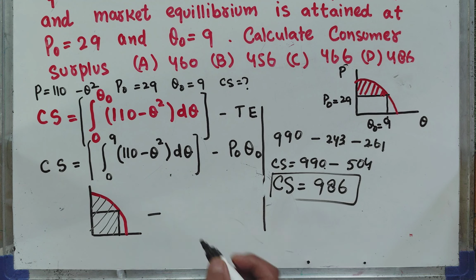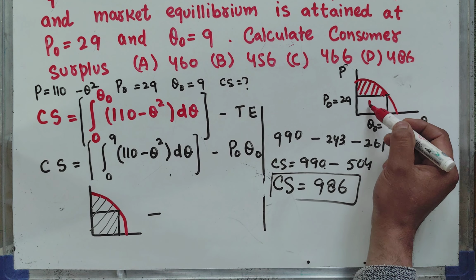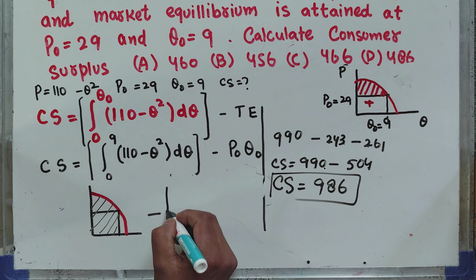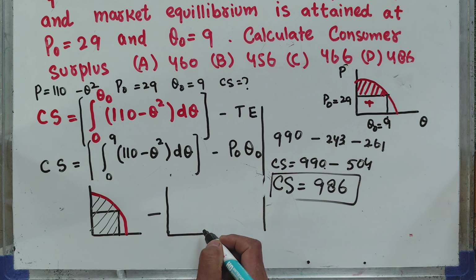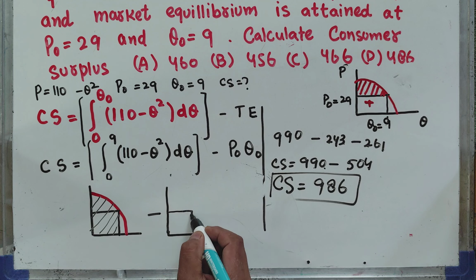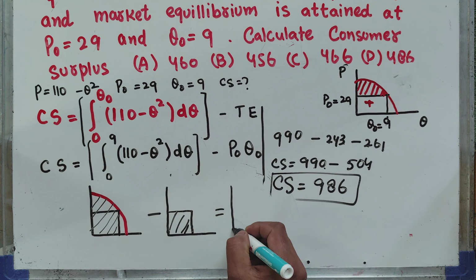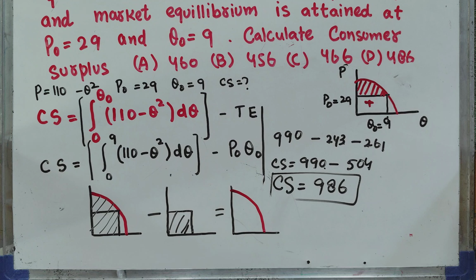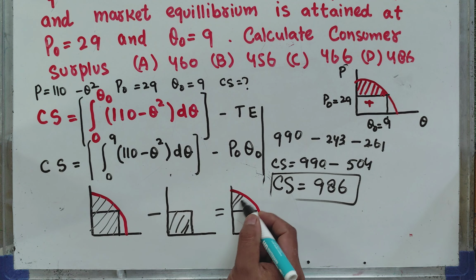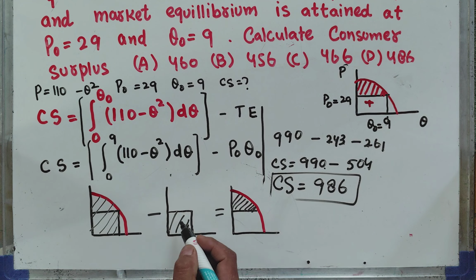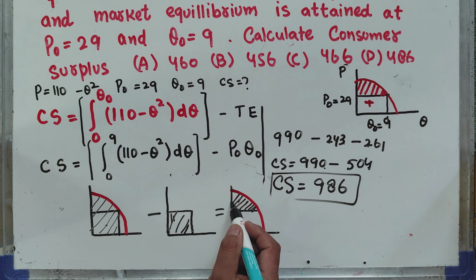From this we subtract the area of this rectangular region. When we subtract it, we will be left with that very region.